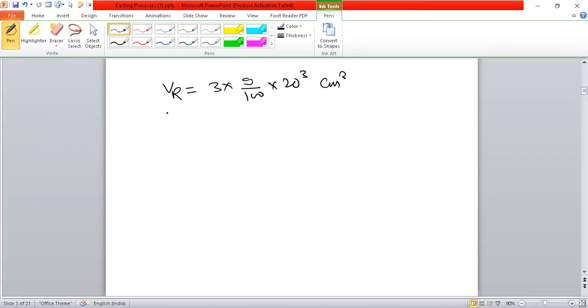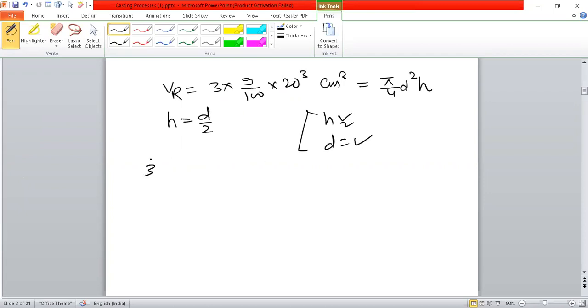Then h is equal to d by 2, and volume is equal to pi by 4 d square h. So you can calculate h and d. So design of the riser means you have to find what is the diameter and height of the riser.